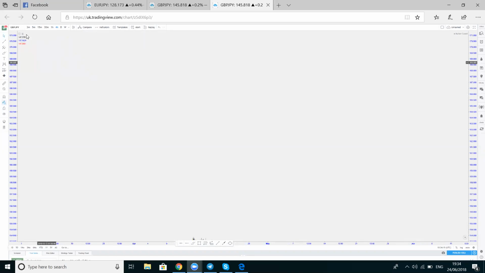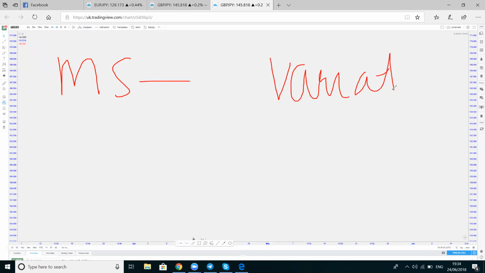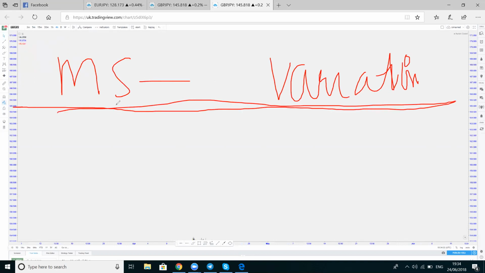Let's try and identify the major market structure on a few charts first, just to see this. And guys, there are two things: one called market structure, and another thing called variation. Let me tell you the difference between them. What is the difference between them? Anybody could share with me?